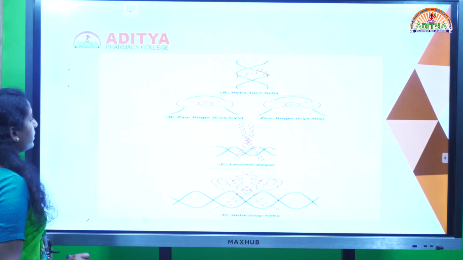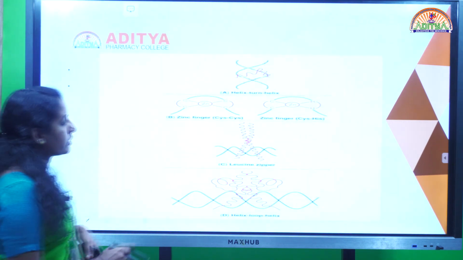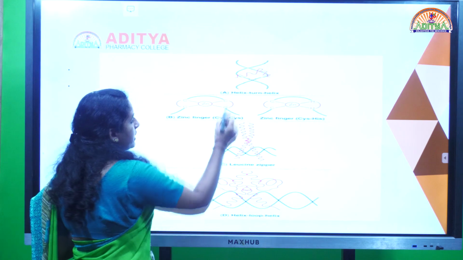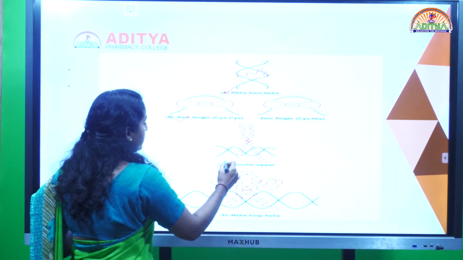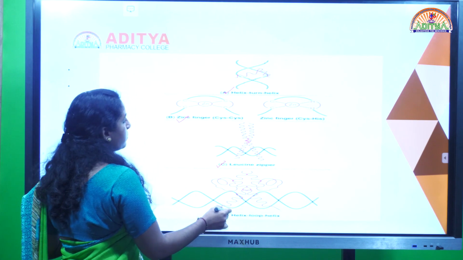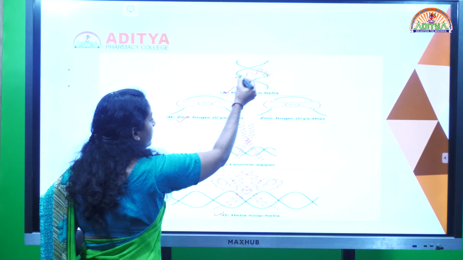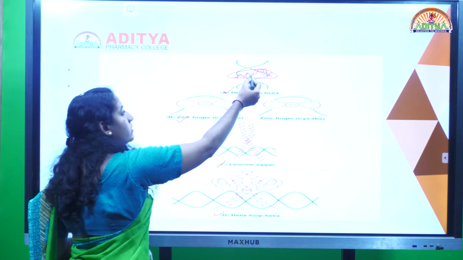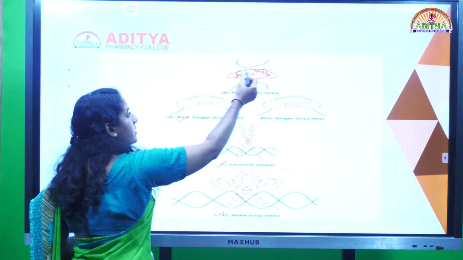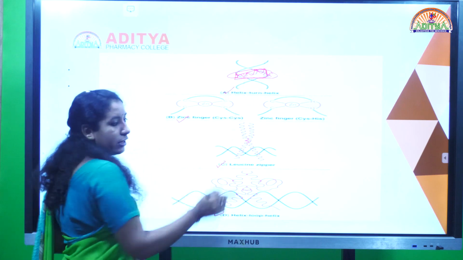So if you observe, these are the structures of these motifs. This is the helix turn helix motif, zinc finger, next one is leucine zipper, and helix loop helix motif. See, if you observe, this is the dominant element, this is the helical structure, no? So these amino acids will bind with the specific part of the DNA with high affinity.